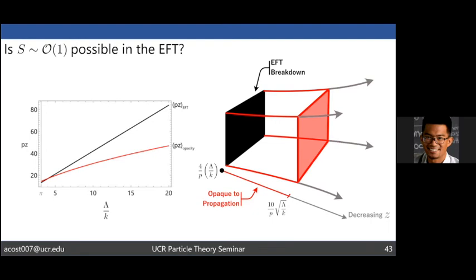Lexi, can you say something about what you're plotting on the left-hand side? So yeah, the left-hand side is the pz at which the exponential suppression becomes e to the minus order 1, in red, and then the black is the value of the momentum times the position in the extra dimension at which the EFT breaks down. At the strongest values of the coupling, near the lowest values allowed of lambda, these are the same order as each other.